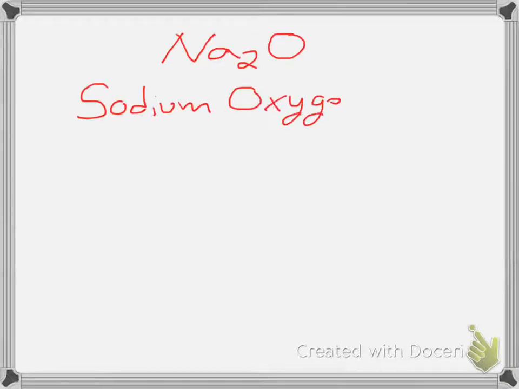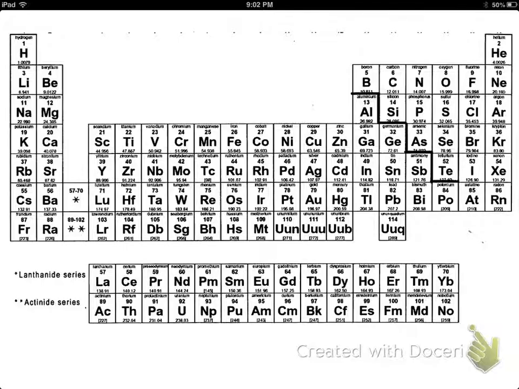Let's look at another example. The compound Na2O. Here we have the word sodium, and then we have oxygen, but again we'll cut off the end of the name, and now we call it oxide, as in sodium oxide. Let's see how the name of some of the other nonmetals and metalloids change their name. Repeat these after me.